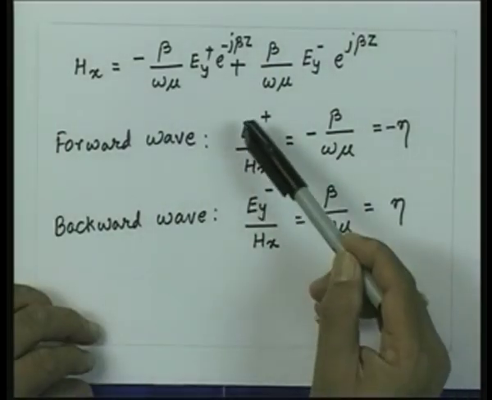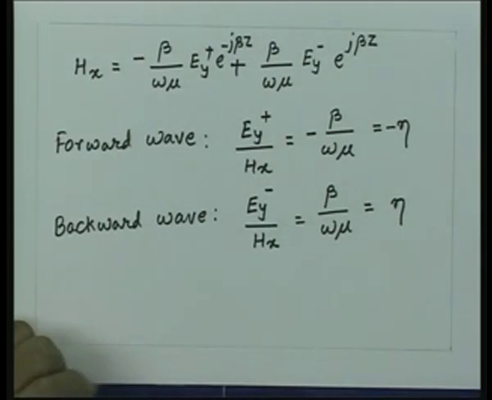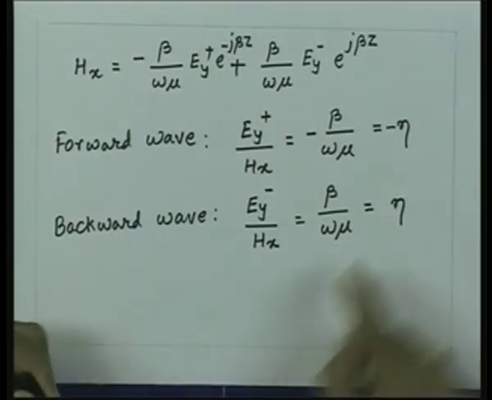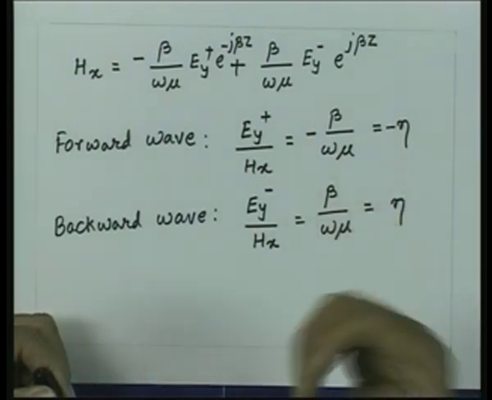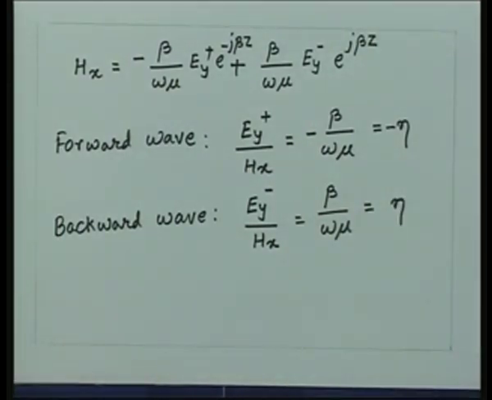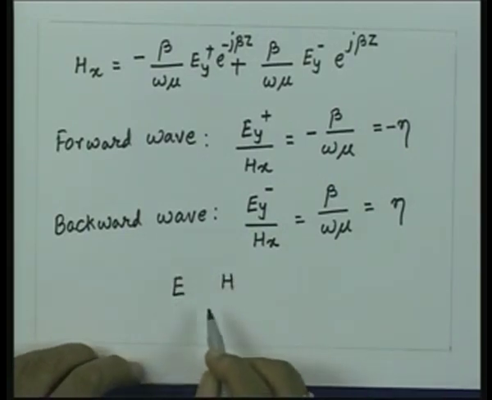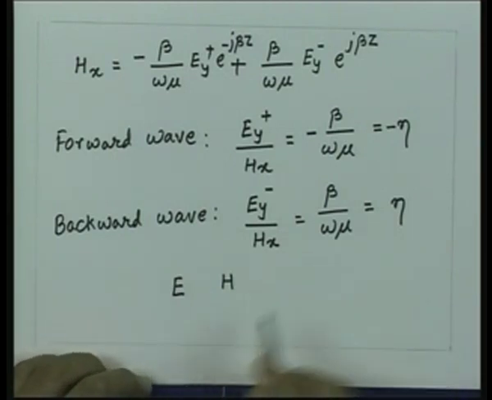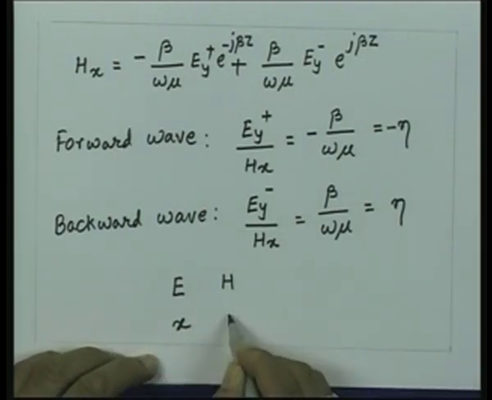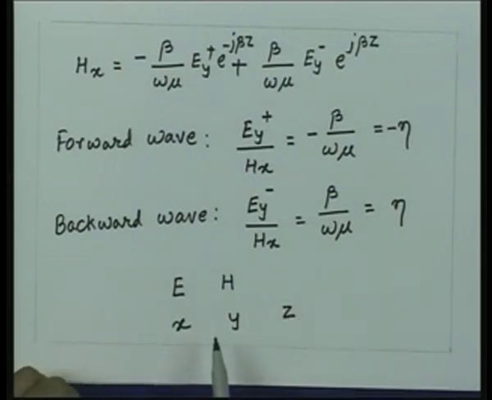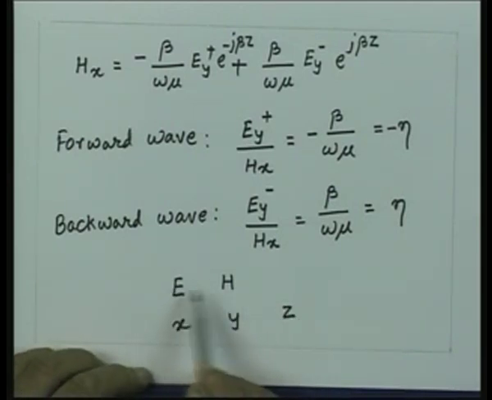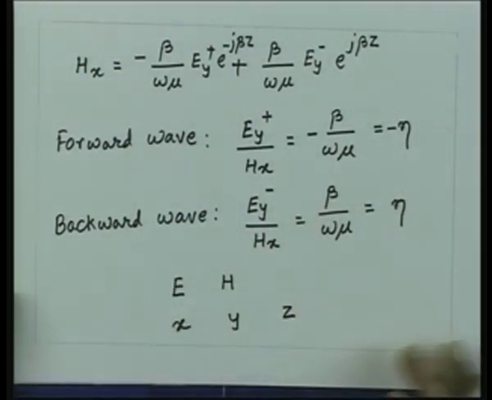But if I take a ratio of Ey and Hx, where I am going opposite to the sequence of xy, then the ratio becomes negative because now I am going in the opposite direction from the right hand rule. So, if I take a sequence of E to H to the direction of propagation as x, y and z, if I have from E to H in the right sequence as x and y, then the ratio of E and H will be positive. If I am going opposite to this, then the ratio of this will be negative.